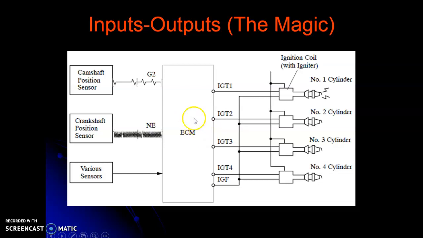The computer takes all these inputs: camshaft position sensor, crankshaft position sensor, various sensors like throttle position, accelerator pedal position, O2 sensor, all this data that comes into the computer. The computer is then programmed with certain data to go to a certain map, a certain block, and then it's going to output to these ignition cylinders, these spark plugs, the coils, and/or the fuel injectors. It'll change the duration of that fuel injector.